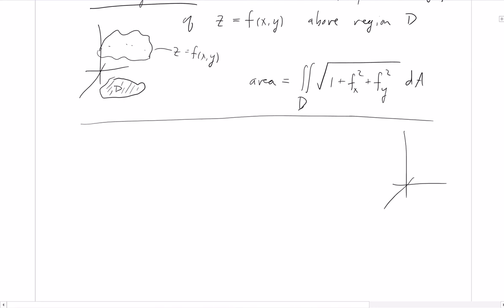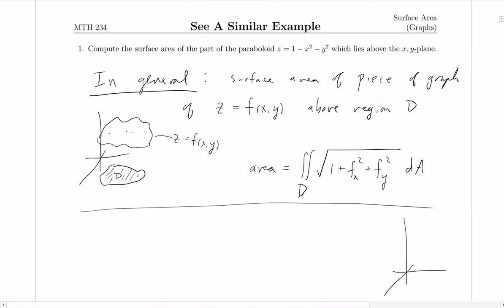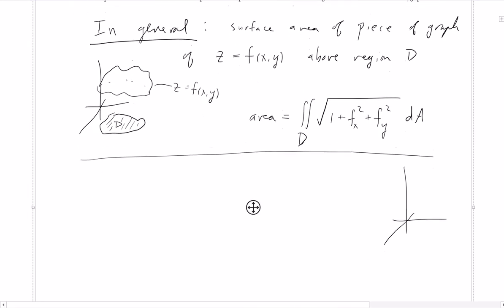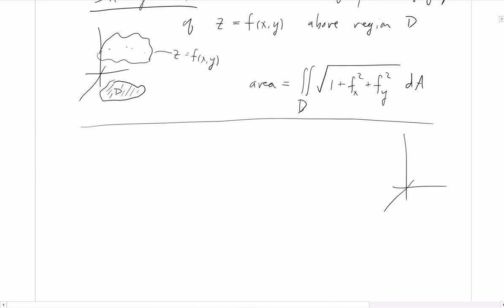So in our example, our graph is this paraboloid 1 minus x squared minus y squared. So it looks something like this, and here's the region D, which is its shadow in the xy plane. And as you can see, D is the inside of the unit disk.